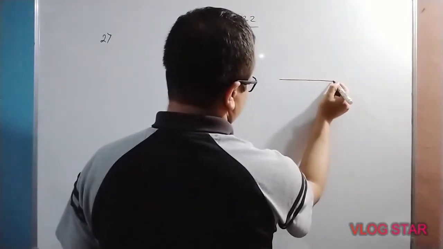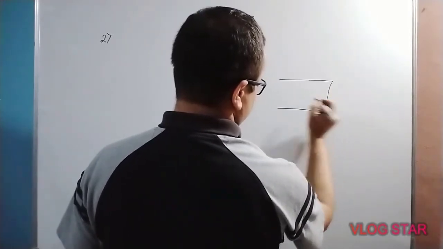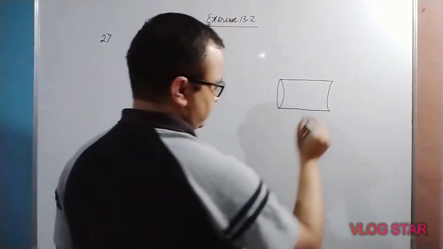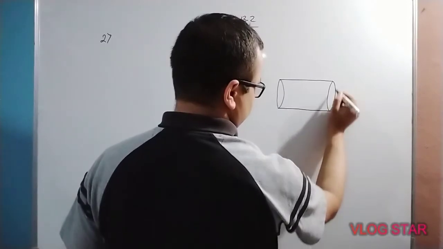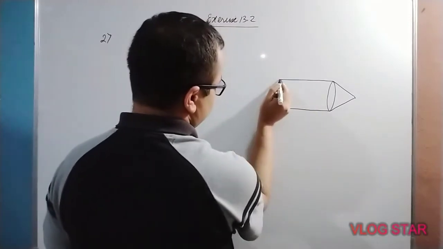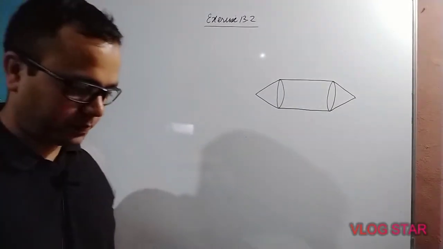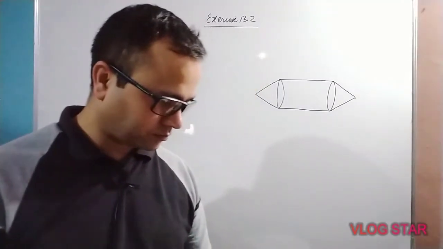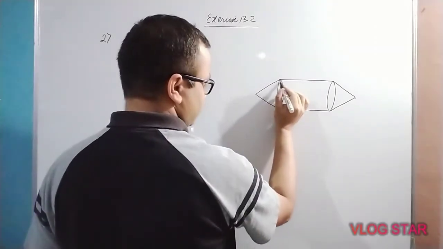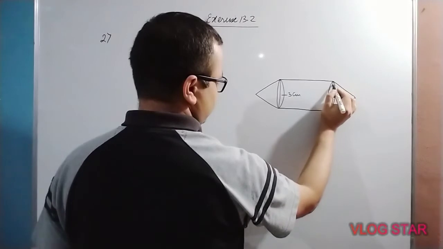So Rachel made a cylindrical shaped model, and the end parts are conical. The diameter of the model is 3 centimeter.